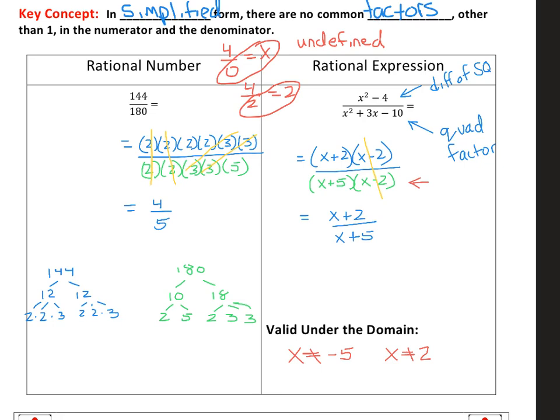If I put x equals 2 back into this original quadratic here, I've got 2 squared is 4 plus 3 times 2 is 6. So that's 10 minus 10. That x equals 2 is also going to give me a 0 right up at the top. So the idea here is that you have to look at all the factors in that denominator and exclude any values of x that will create a 0.